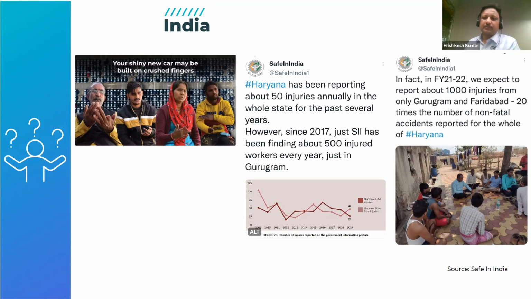So it's not a typical Indian problem as such. The injuries in the workplaces, which are getting avoided or not counted, it's a problem of the developing countries. So it's a problem in Indonesia, in Malaysia, in all these places.